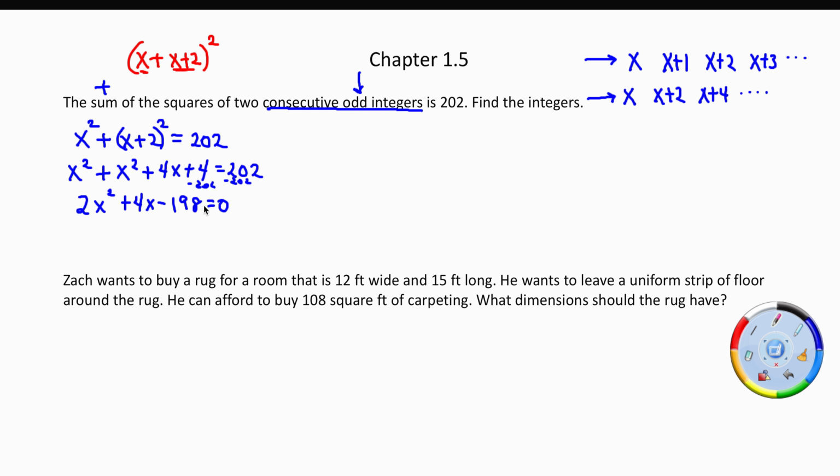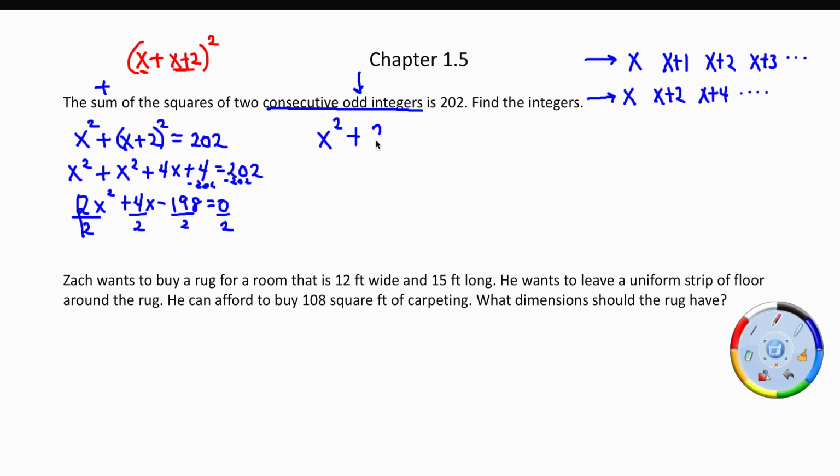I notice they're all even, so to make my math easier, because I have an equation, only because I have an equation, I can divide this 2 out as long as I do the same thing all the way across. If I'm simply factoring an expression, I cannot divide the 2 out. I would have to factor it out. But because I have both sides, I can make my numbers smaller, therefore easier to work with.